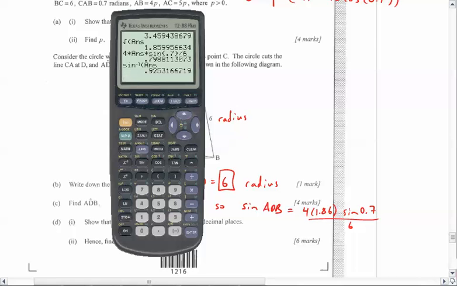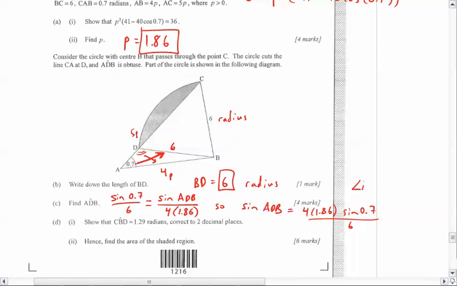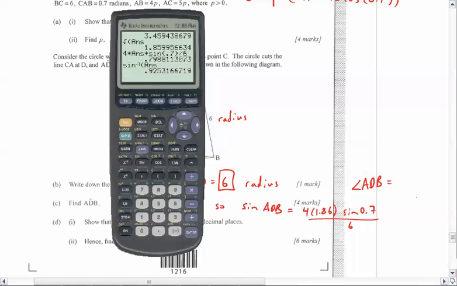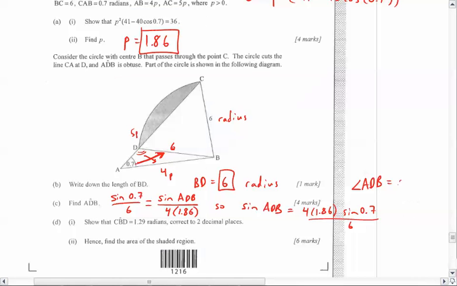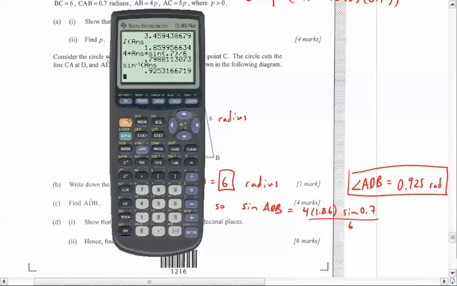That's in radians. Okay, so the angle ADB is equal to 0.925 radians. I have no idea what that actually is, so let me just change it to degrees to see if that makes sense.